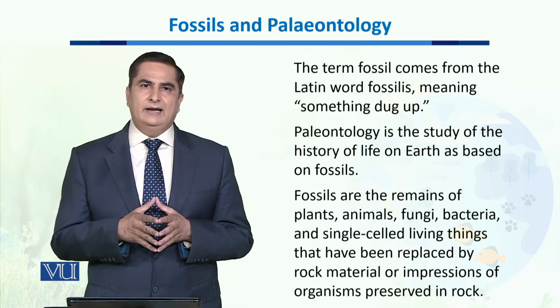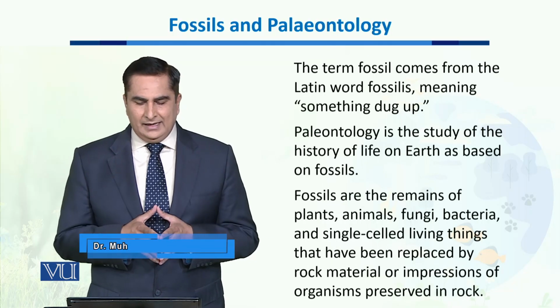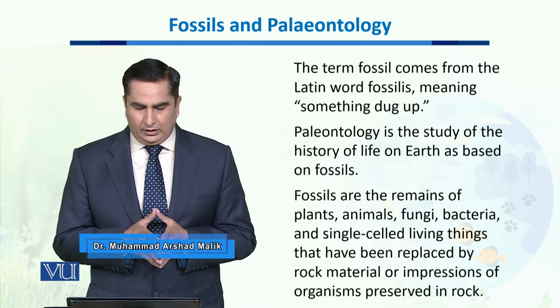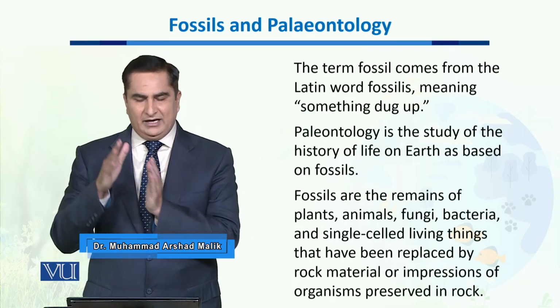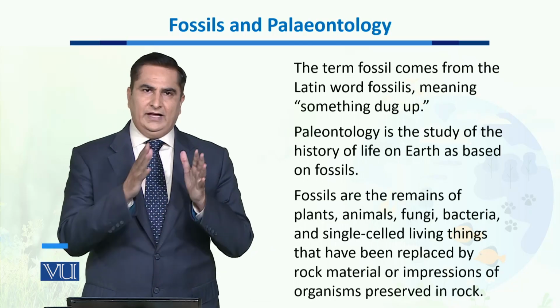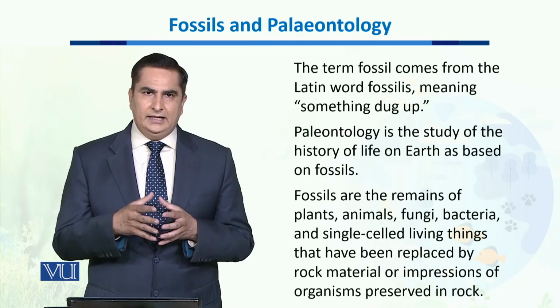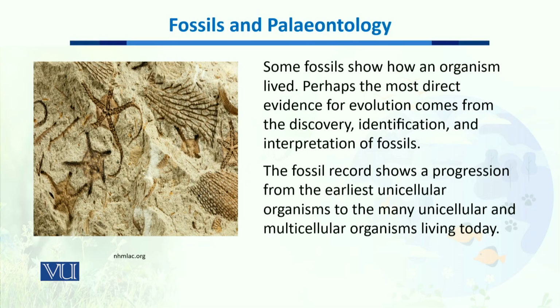These are actually the remains of plants, animals, fungi, bacteria, and single celled living organisms that have been replaced by rock material, or impressions of those organisms which are perfectly preserved in the rocks. Now, you can see the diagram here. These are actually the fossils, different structures.